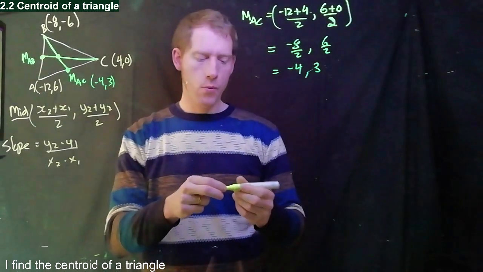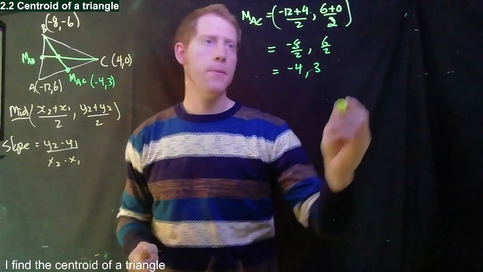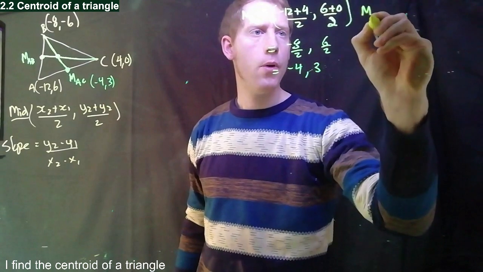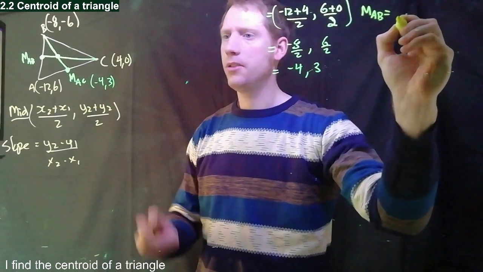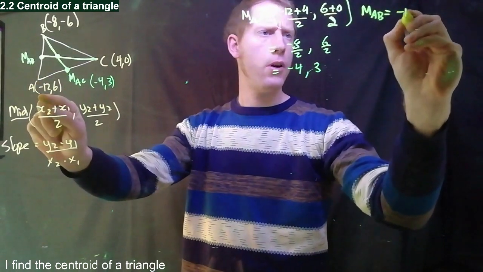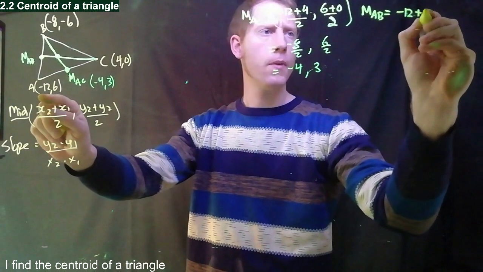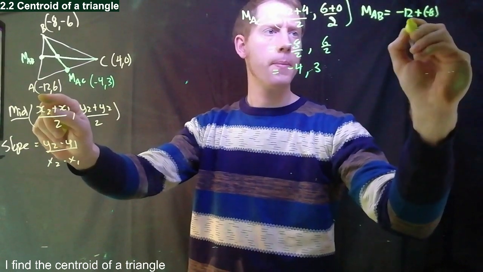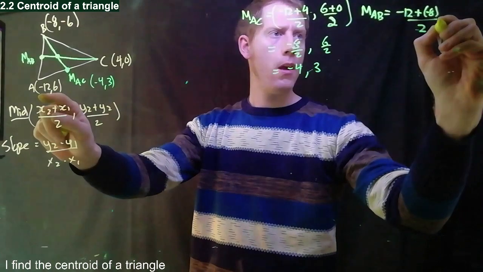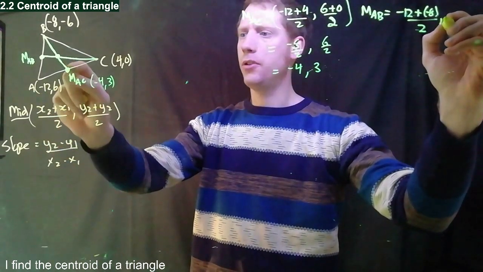You want to do the same thing on the other side of your triangle. I'm going to find the midpoint of AB. The midpoint of AB is equal to the average of your x's divided by 2, and then the average of your y's.